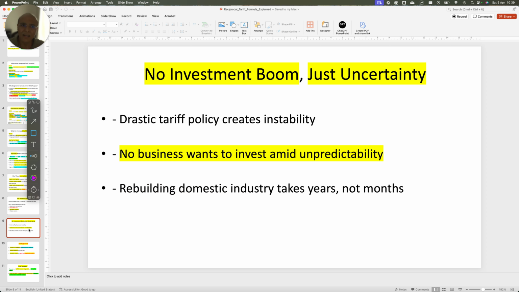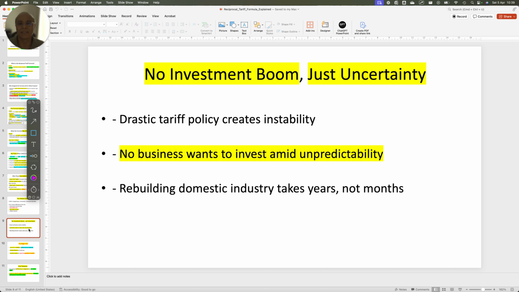Now, let's understand this. The whole premise here is that the US companies are going to start pulling their factories back in US. Now, if you have a policy structure which is so dynamic and the investors do not have any visibility how these tariffs are finally going to settle down, why would anybody at this point of time make any investment anywhere in the world?